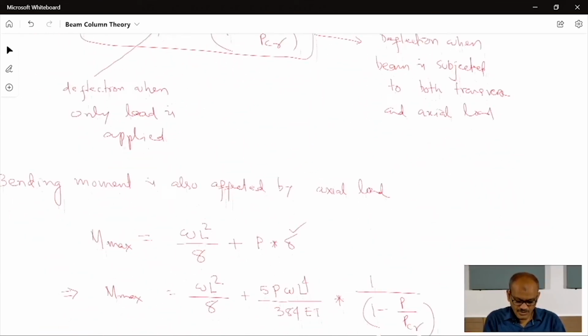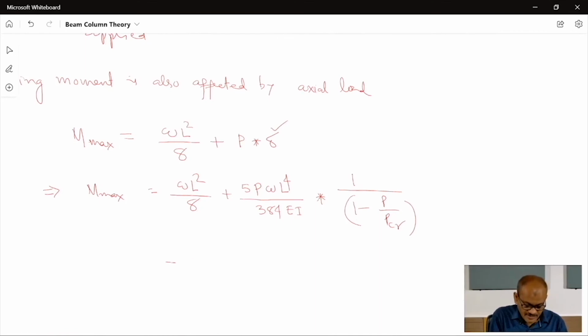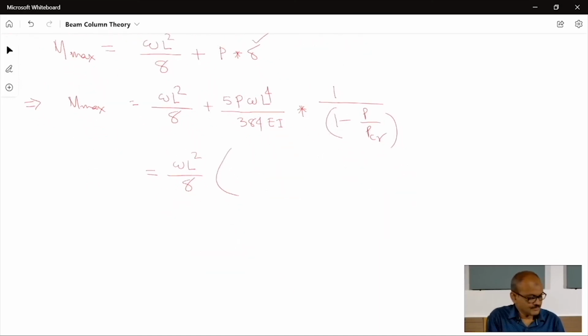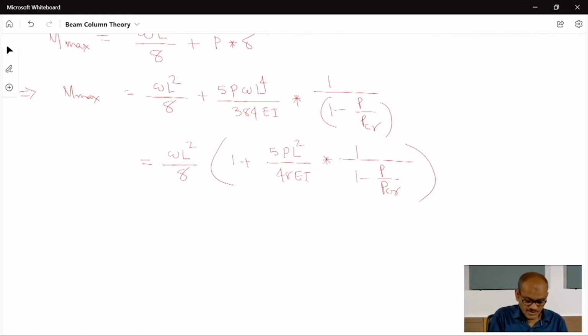Now, if you take common WL square by 8, this will become 1 plus 5PL square divided by 48 EI multiplied by 1 by 1 minus P by PCR.